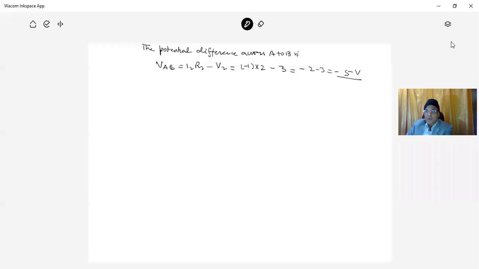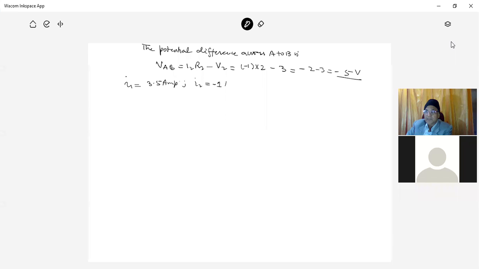So in case 1, I1 is equal to 3.5 ampere, I2 is equal to minus 1 ampere, and VAB is equal to minus 5 volt.